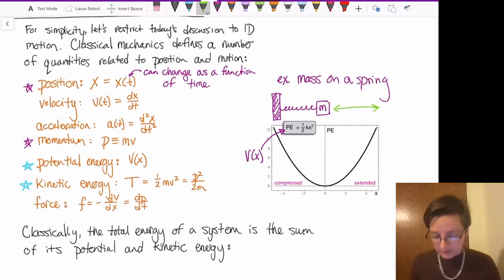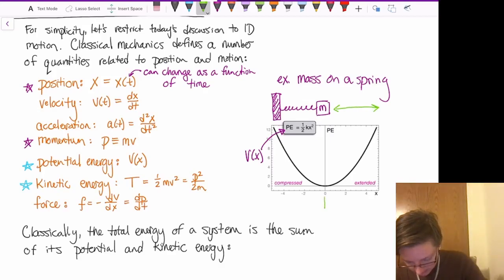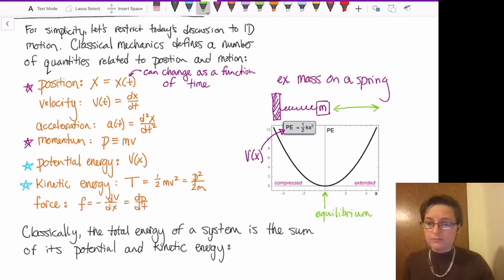As I've drawn it right now, the low part of this potential energy is where the particle would like to be at equilibrium, to use a chemistry term, or in the absence of external forces, to use more of a physics term. So at equilibrium, we're at this low point for our potential energy. This is what would happen if you just had a spring and you left it alone.